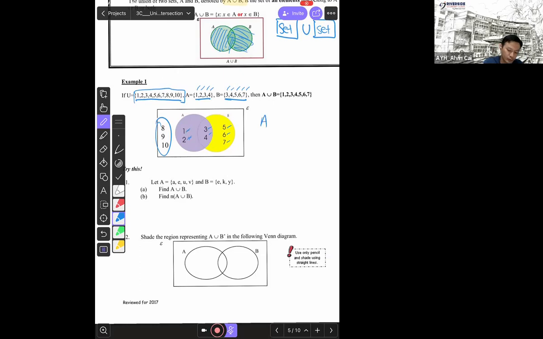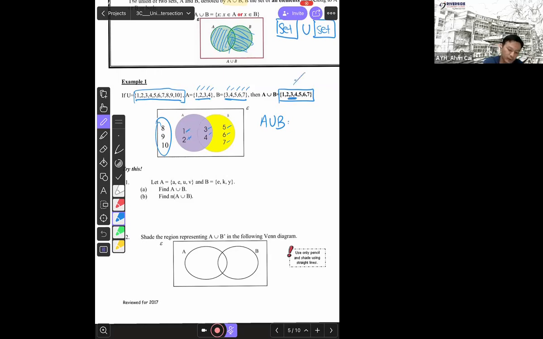When we want to do A union B, you can see that the numbers will be all of this. Basically combine whatever they have and remove all the repeated numbers. So 3 and 4 only appear one time.